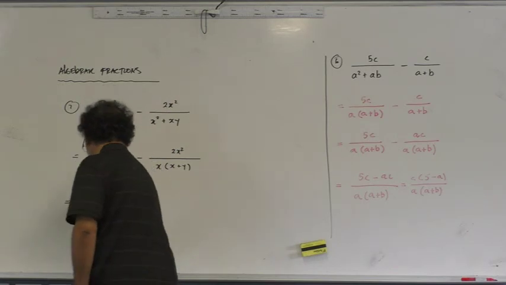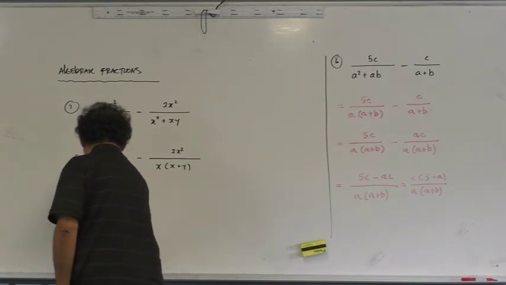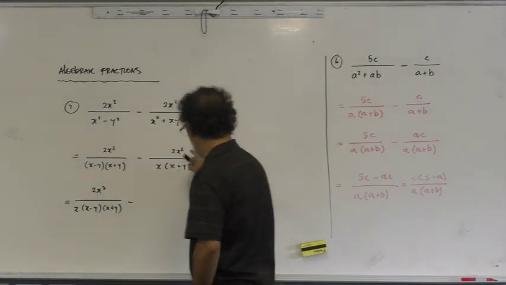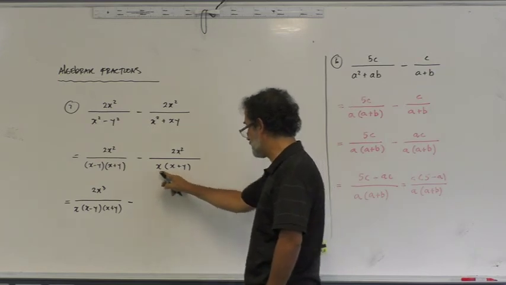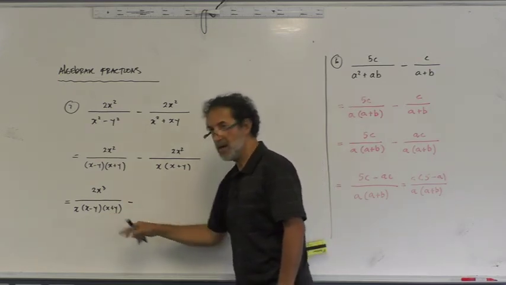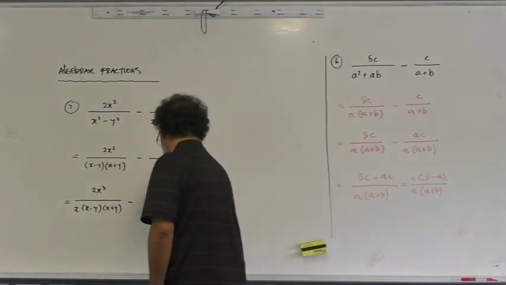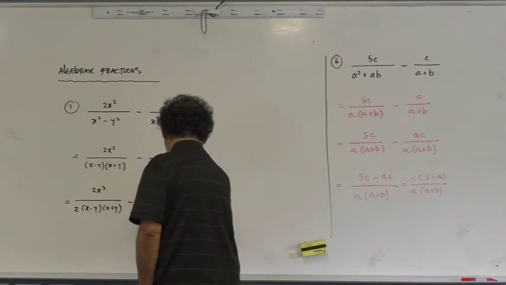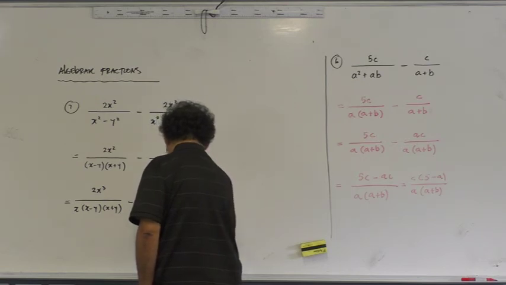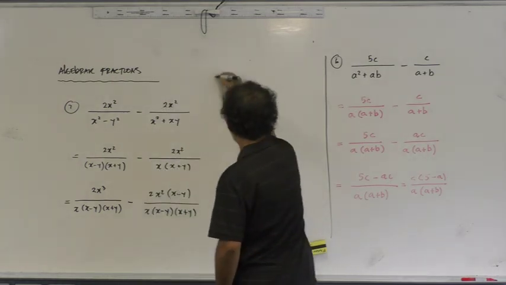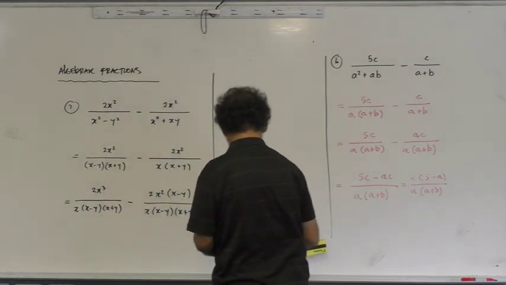And the bottom is going to be x minus y, and then x plus y. Okay, done. And then we have to multiply this by what is missing from here? X minus y. Okay, so we're going to multiply 2x squared by x minus y. And then we're going to have the same denominator, x minus y, x plus y. Okay, now we have the same denominator, so then we can put them together.